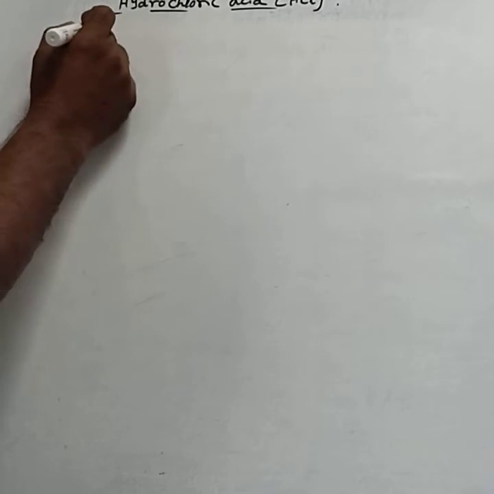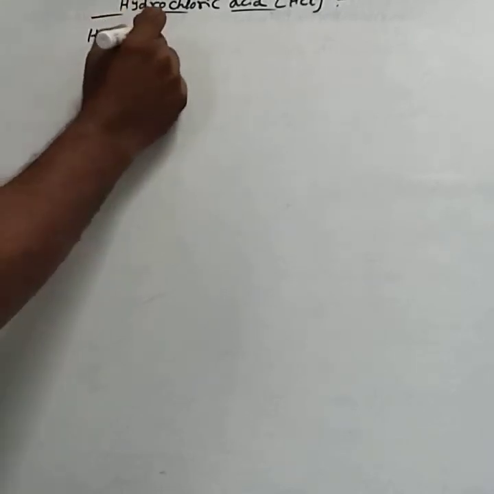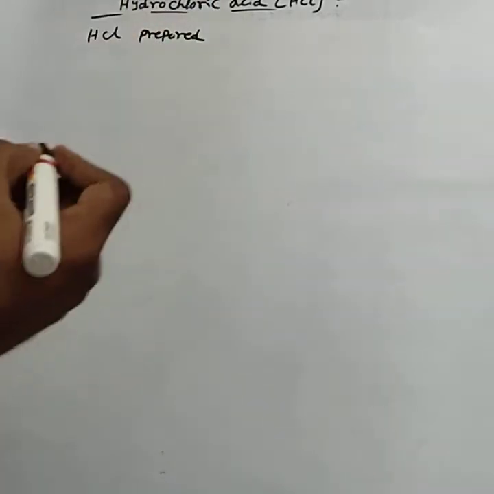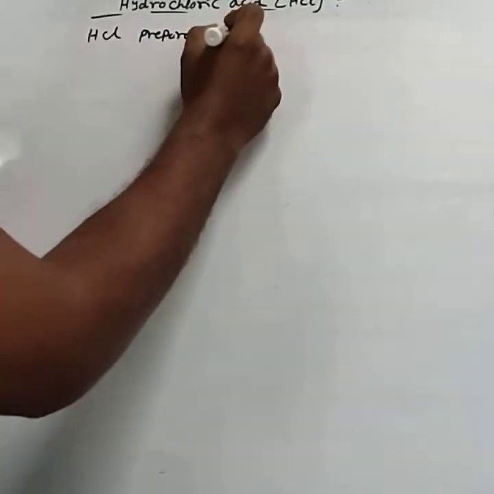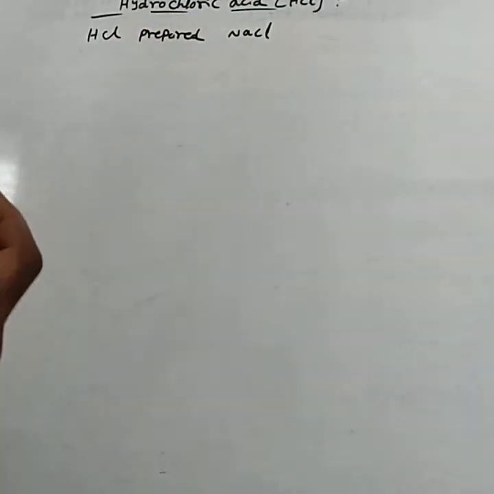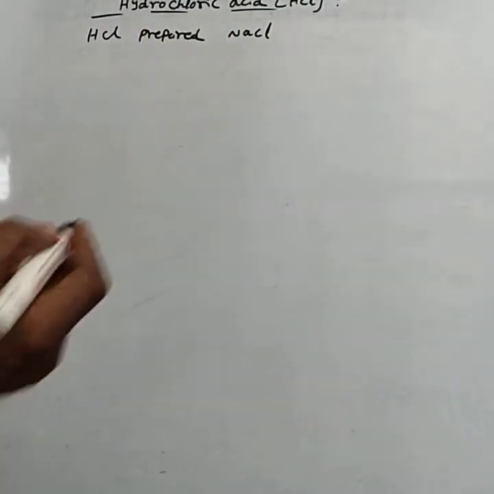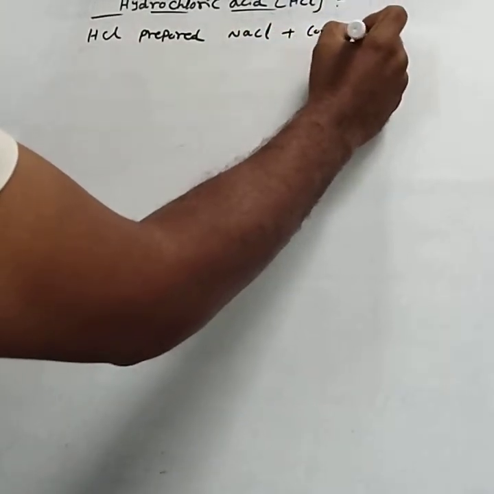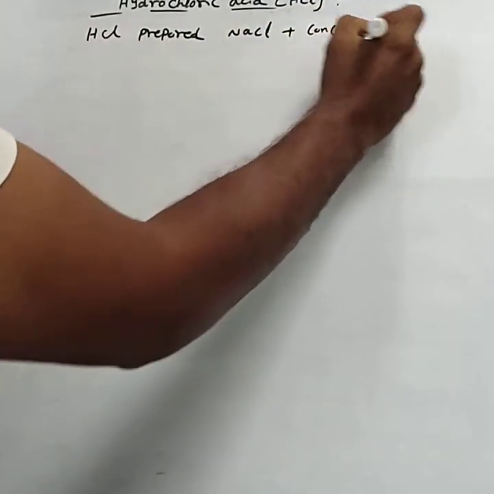HCl can be prepared by heating sodium chloride with concentrated H2SO4.